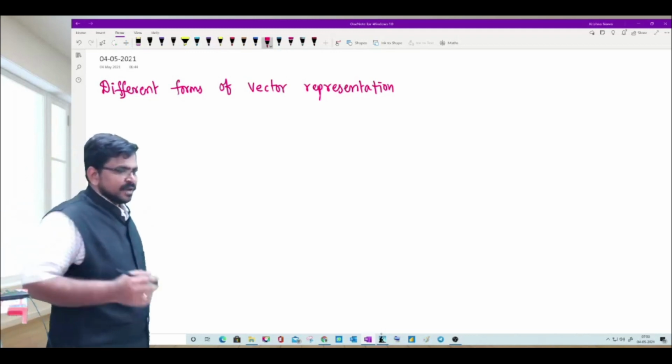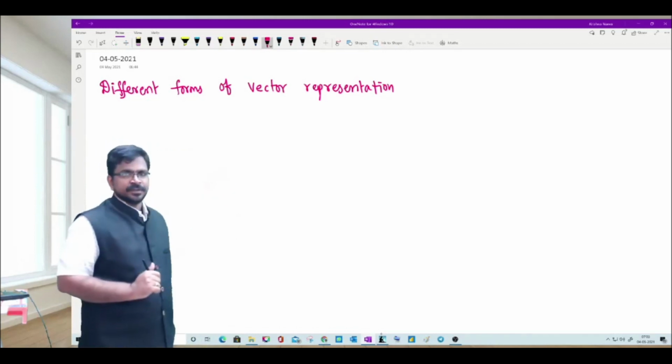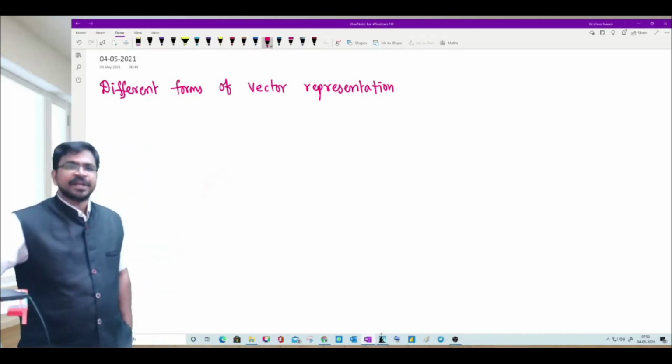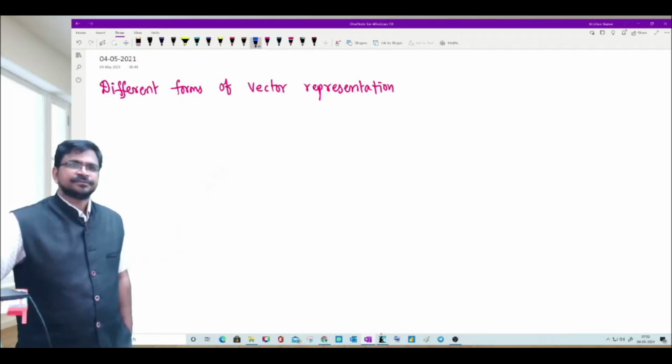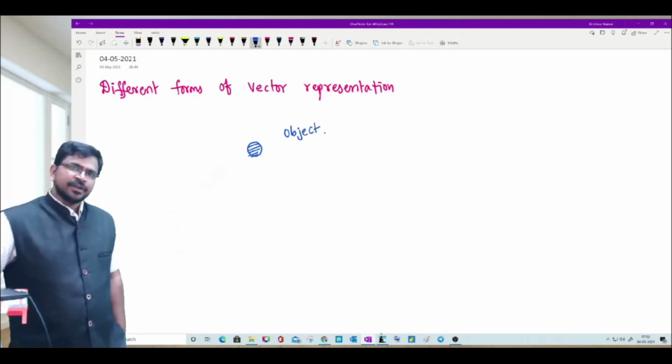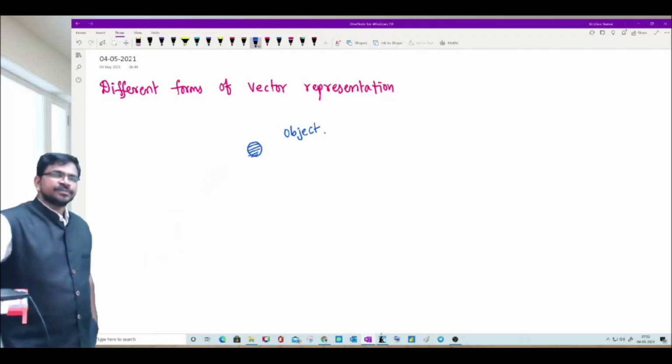Suppose you are looking at a certain object. Let me take that the object is somewhere here. This is the object, and you are looking at that object from a certain point.